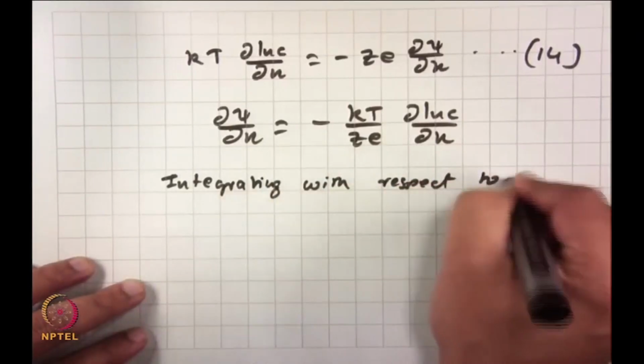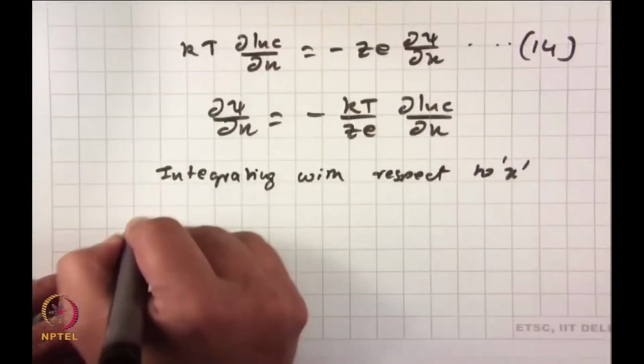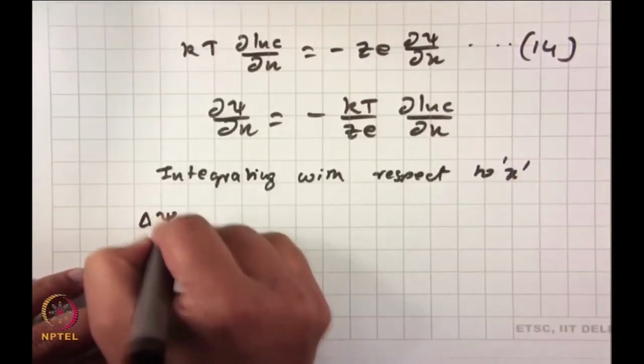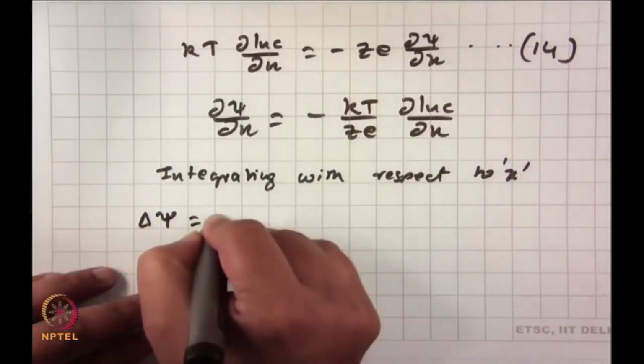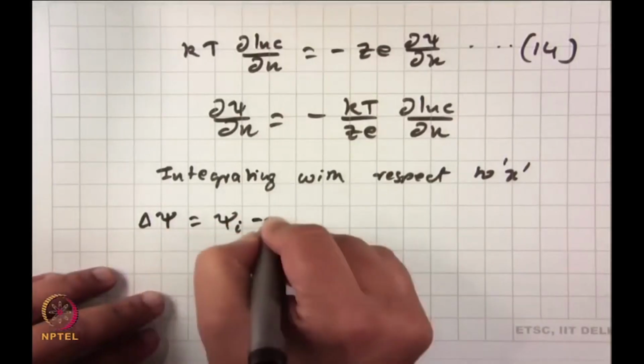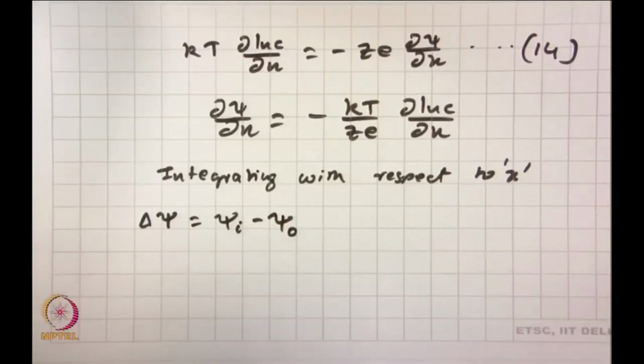With respect to x, what I can get is del psi, there is a difference in potentials, which is equal to psi I minus psi O. So, I refers to inside, O refers to outside, okay.